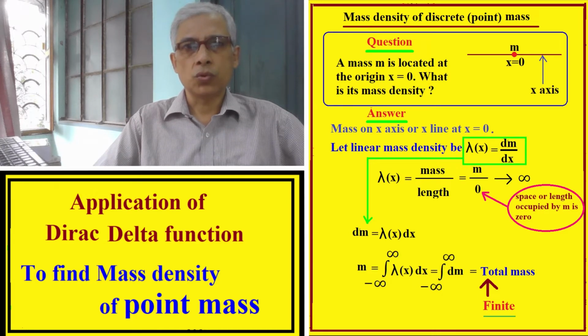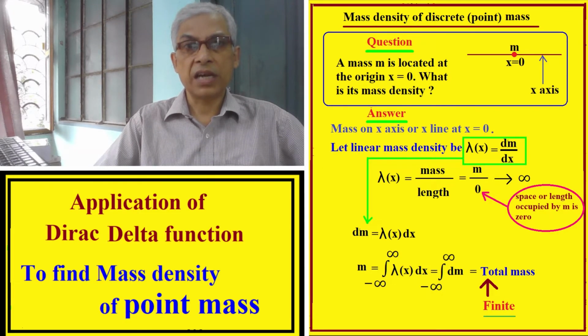And here too, we would do that. Let us check what finite numbers there are to deal with, and it is obviously the mass m, because though it occupies 0 space and gives infinite mass density, the total mass is finite.